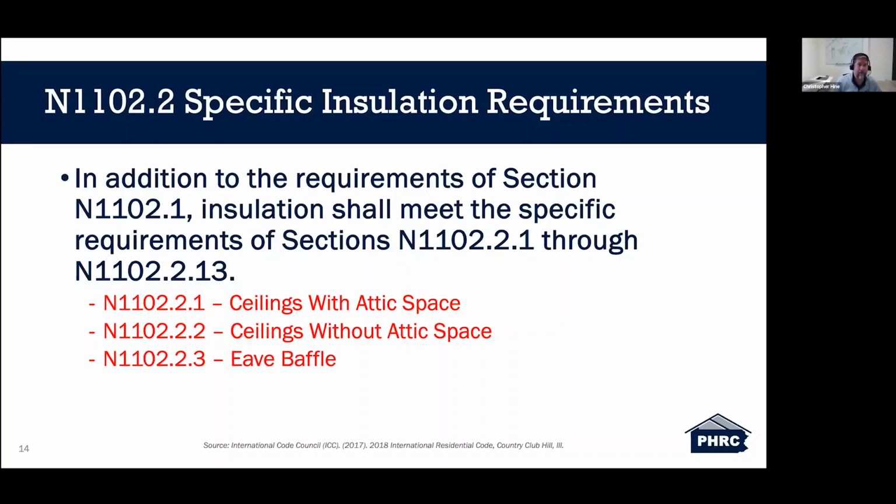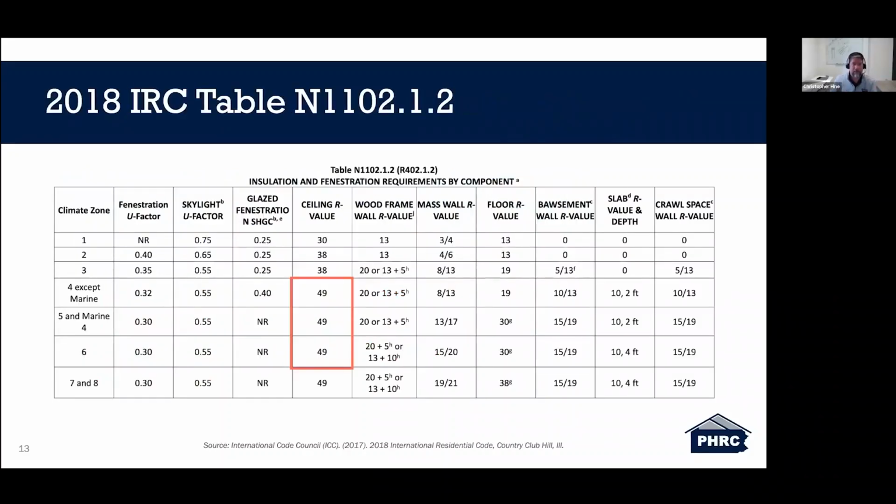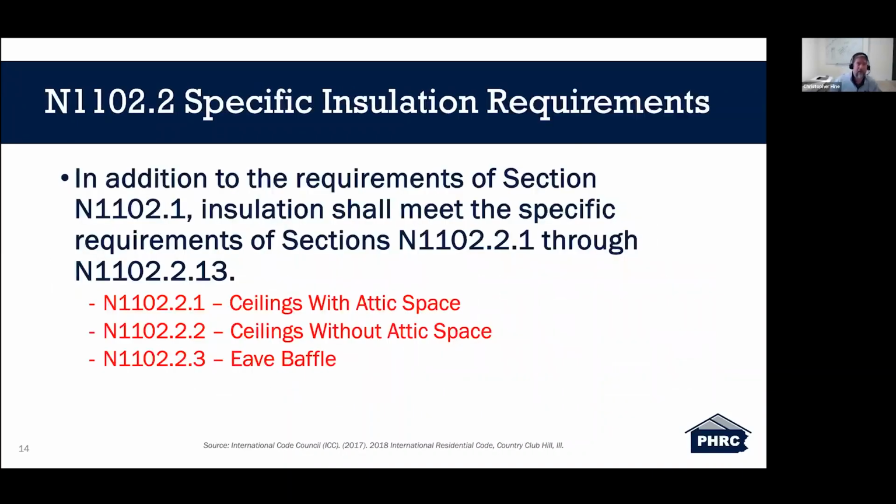For instance, we first looked at this insulation and fenestration table, N1102.1.2. You jump to this next N1102.2, and it talks about specific insulation requirements. So it takes it one step further, and it states that in addition to the requirements of N1102.1, insulation shall meet specific requirements of sections N1102.2.1 through .13.